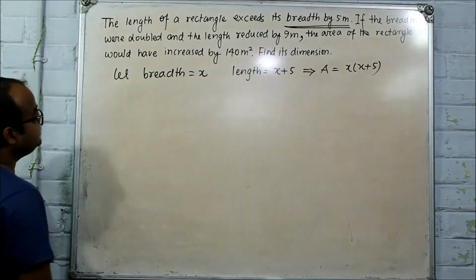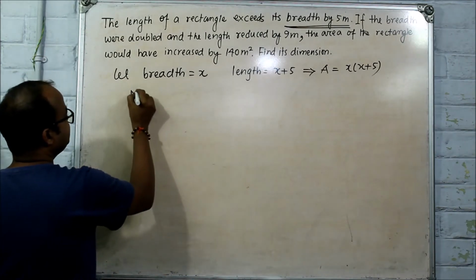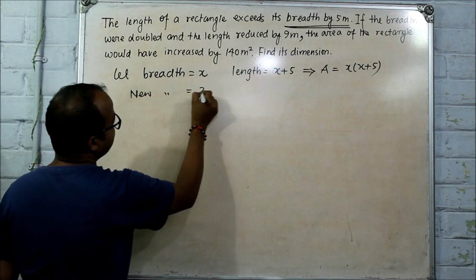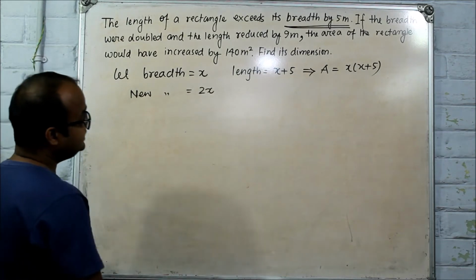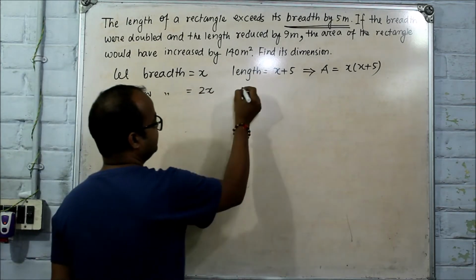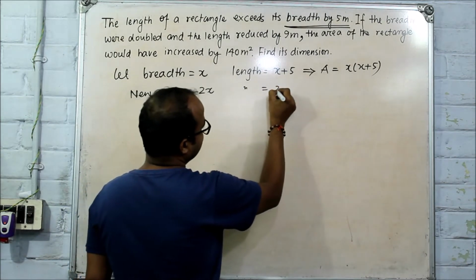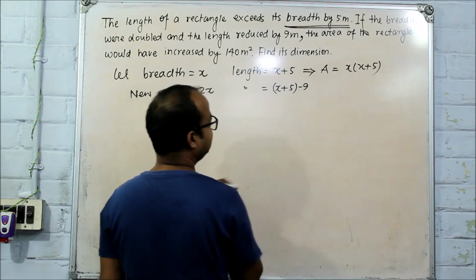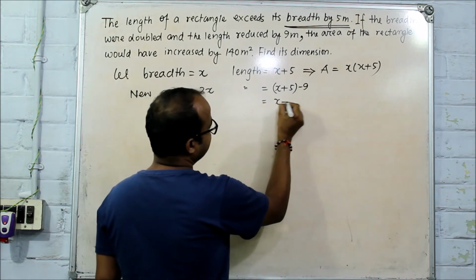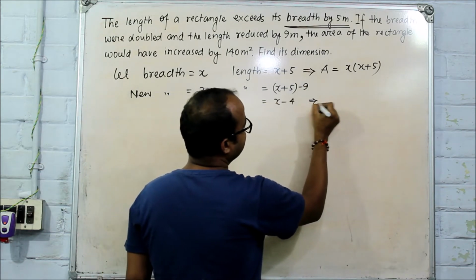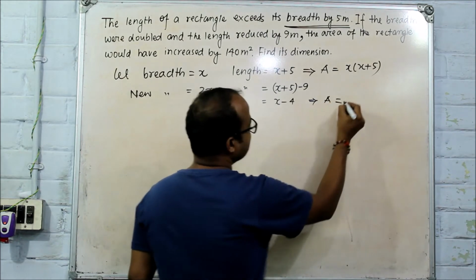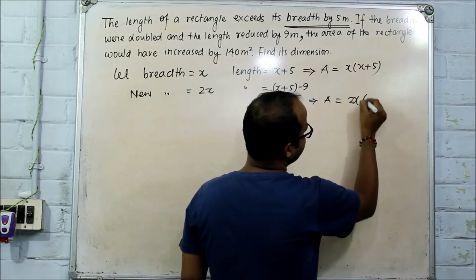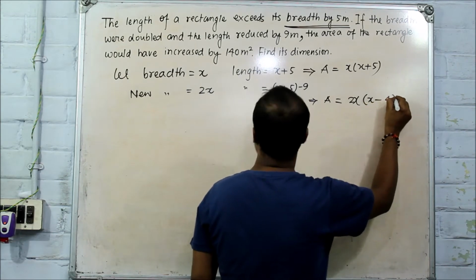Now if the breadth were doubled, so the new breadth is equal to 2x, and the length reduced by 9. Length reduced by 9 means x plus 5 minus 9, that is equal to x minus 4. It implies the area is equal to 2x into x minus 4.